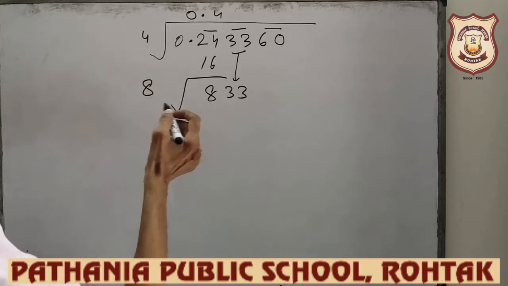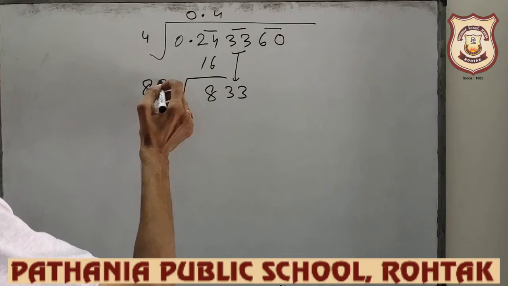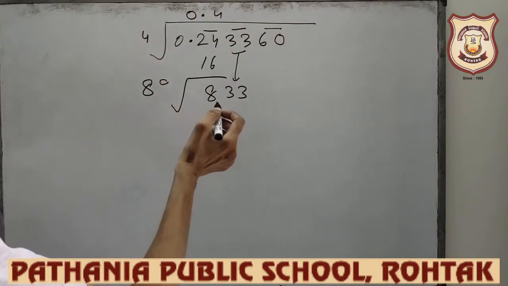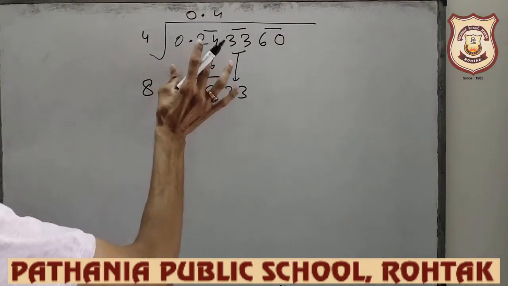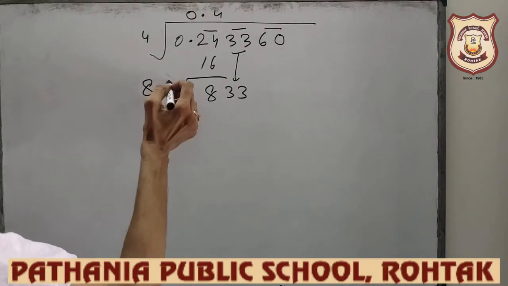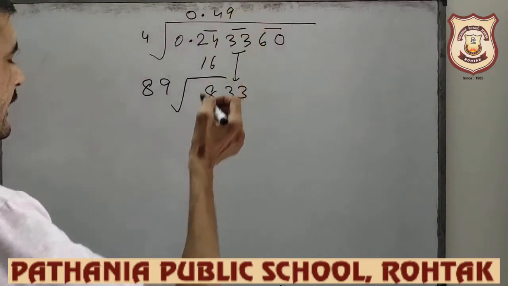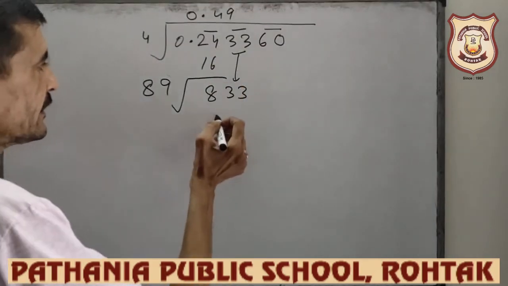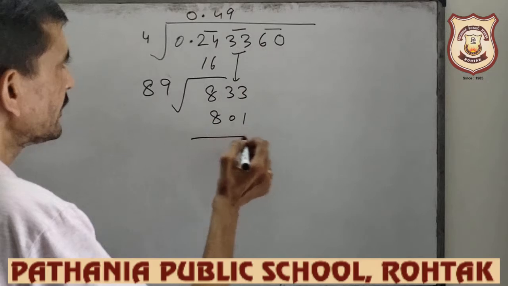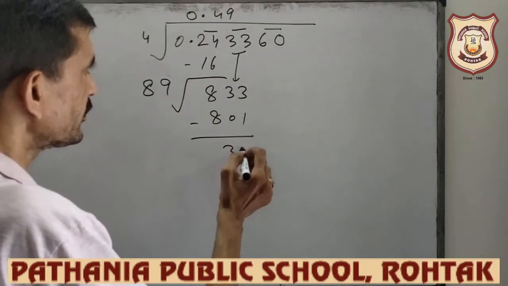Now take 8, table of 8 up to 83: 8 9s are 72, 8 10s are 80, but we never take the table at 10, so we start at 8 9s. Put 9 here, 89 into 9 is 801. Now subtract this, we will get 32.